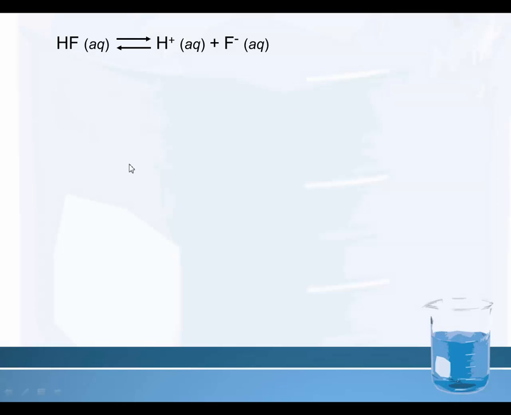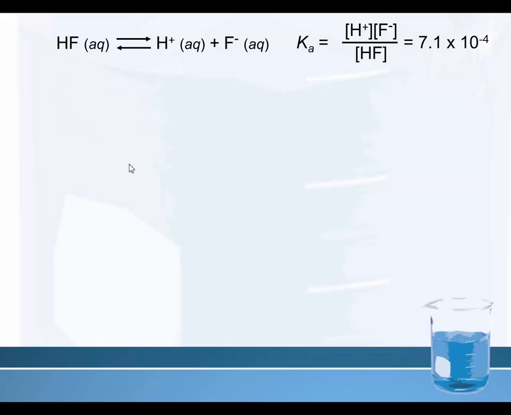Now that we've had the sound of the catastrophic pencil case, this is hydrofluoric acid. Hydrofluoric acid is a weak acid. It's probably important that we write the dissociation equation. So we got HF, reversible reaction, hydrogen ion plus the fluoride ion. Because it's a reversible reaction, that means that I can write a K expression.